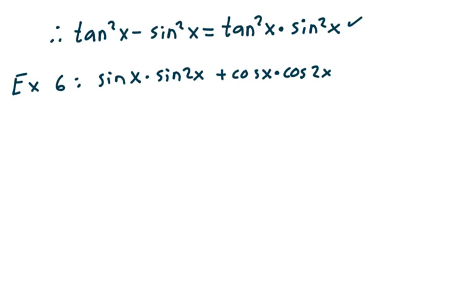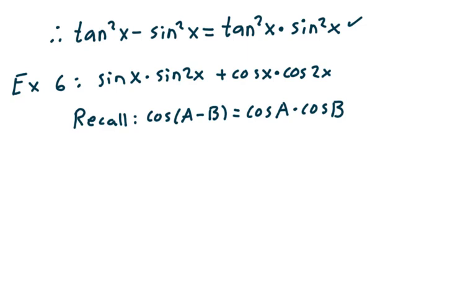Okay? Now, let's see if we can recall something. Recall, because we have to practice going backwards. So if we have cosine of a minus b, this is cosine a times cosine b plus sine of a times sine of b.